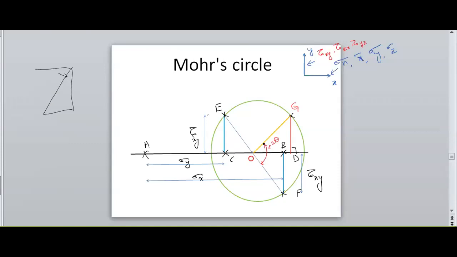With this angle, making a point O, draw a ray and extend the ray which cuts the circle at G.